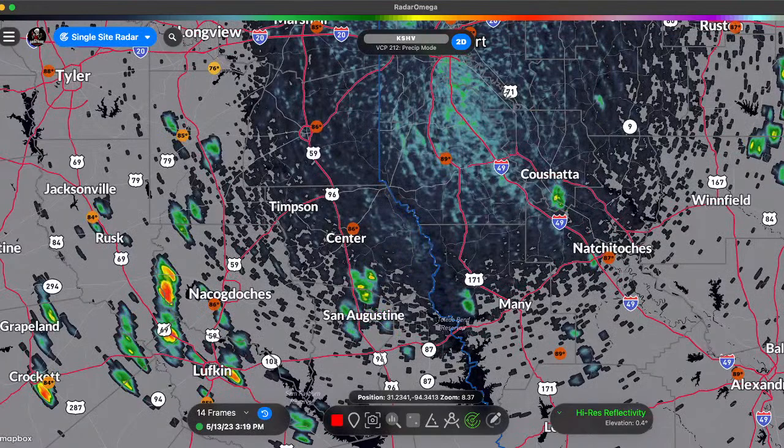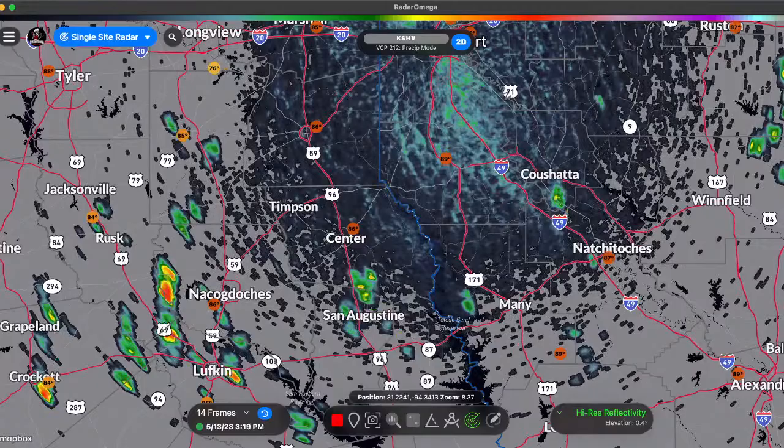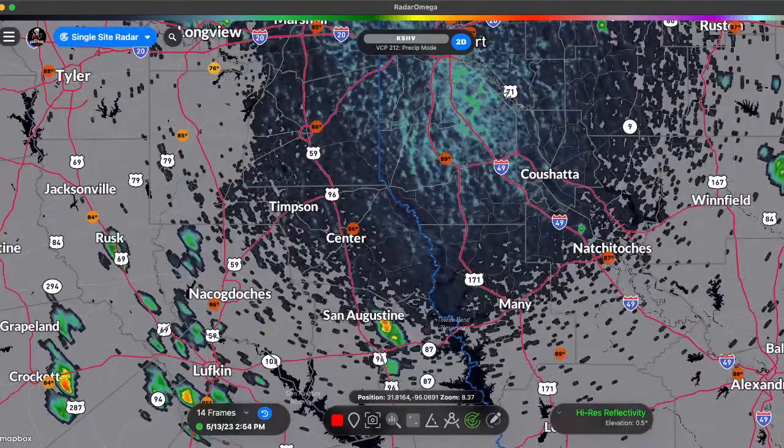All that is tropical moisture. Really, just nothing really severe with that.